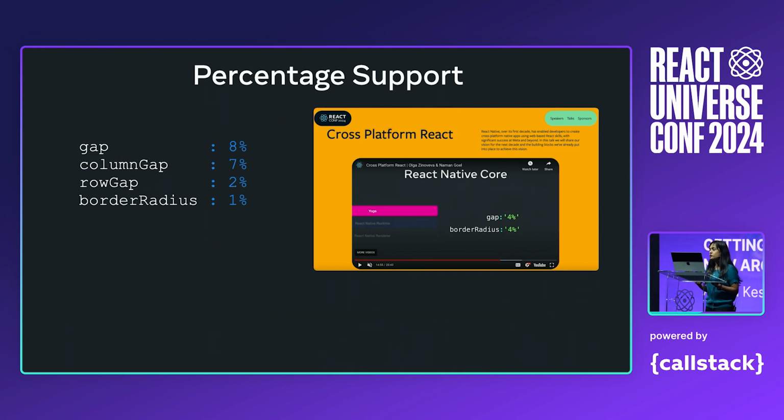They now support strings with a percentage value, including the border radius. Similarly, the transform prop can also now accept strings as values for the translate transformations. And again, these are only available to you in the new architecture.